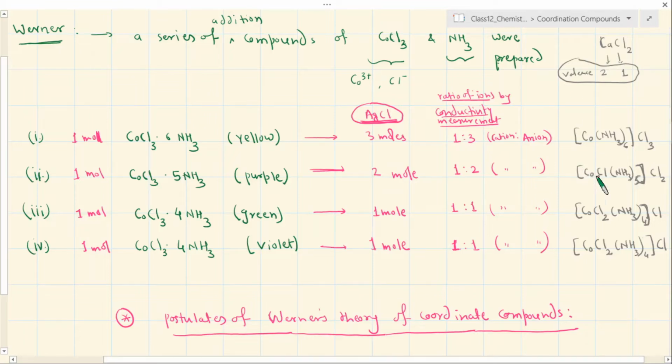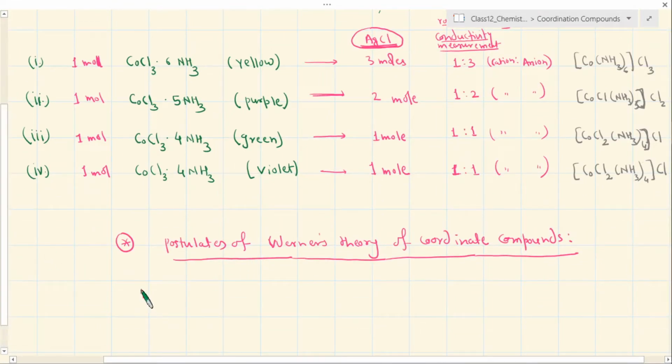But to explain the formation of these compounds, Werner proposed that the metal atom or metal ion in a given complex compound carries 2 types of valencies. Okay, so his first proposal is that the central metal atom or ion, why have I written both? Because in some compounds you will find that the metal may have 0 oxidation number, or in some cases it may have some positive oxidation number.